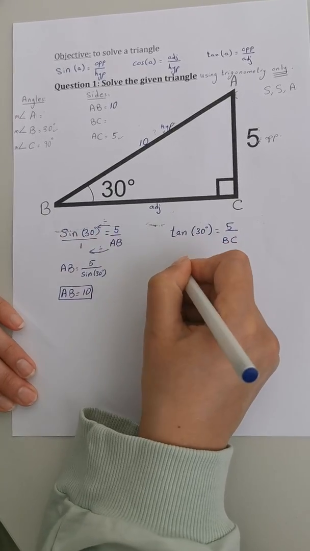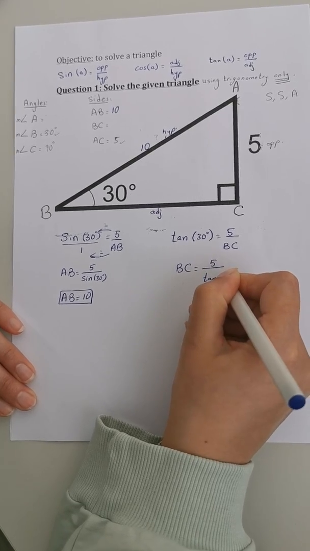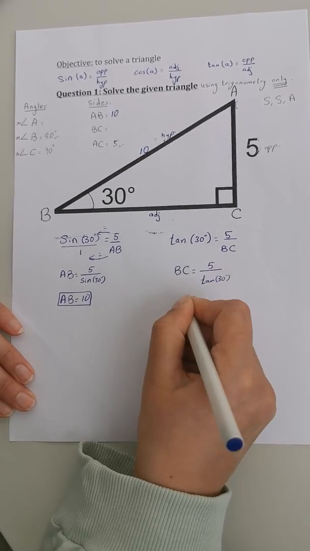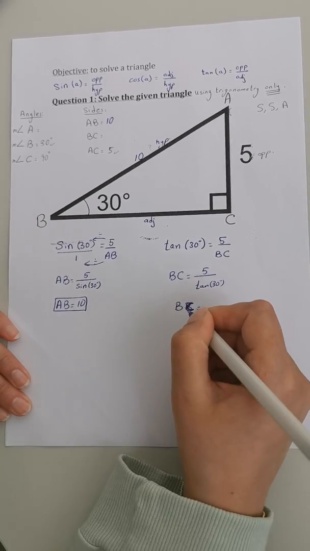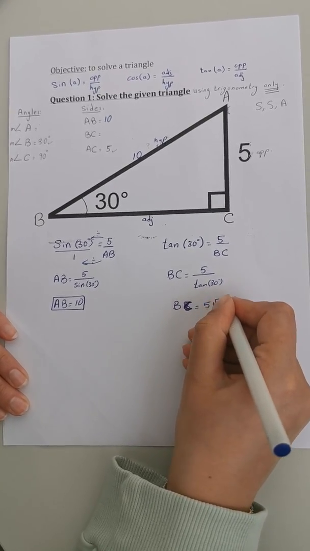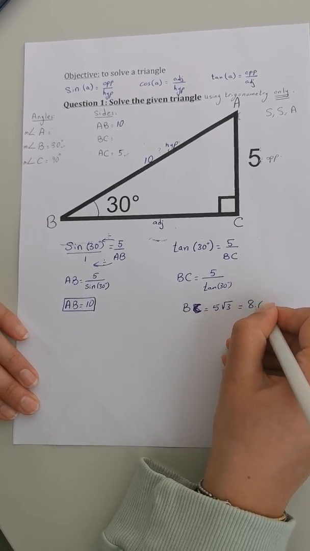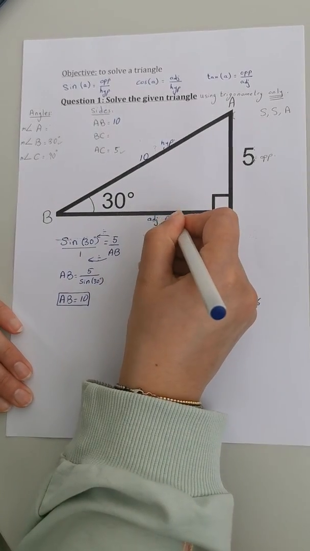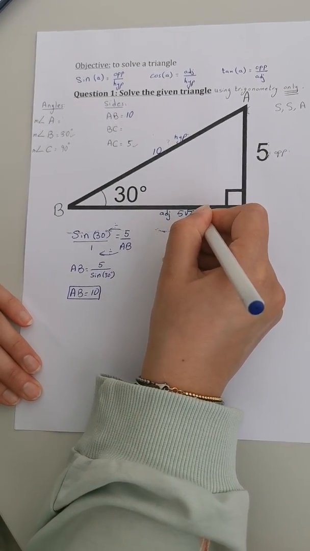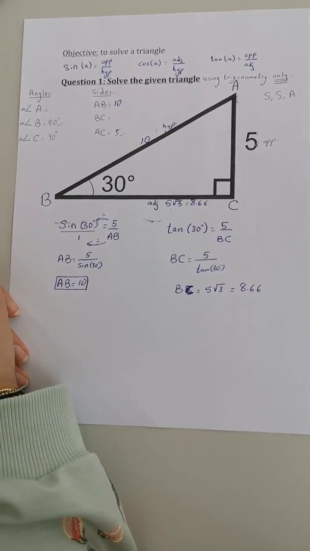In the same way, BC equals 5 over tangent 30. So BC is going to be 5 radical 3, or I can write it as 8.66, which is 5 radical 3 rounded to 3 significant figures.